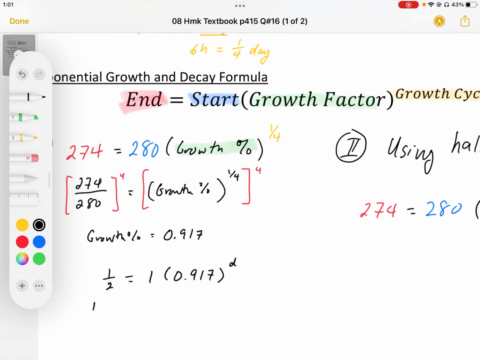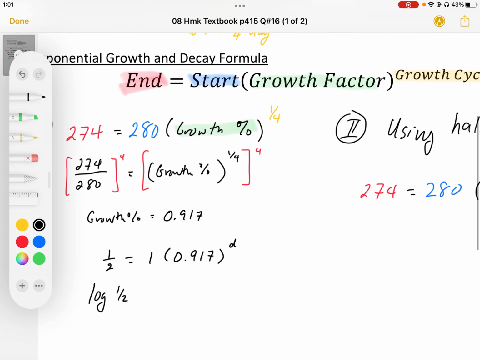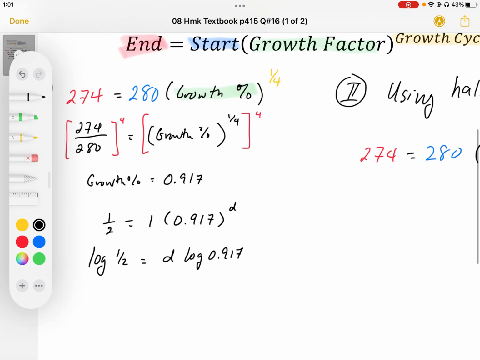And so when I do this, I'm going to log both sides. So I end up with d log 0.917. Okay, solving for d, I get log 1/2 over log 0.917, and that's approximately equal to 8 days.